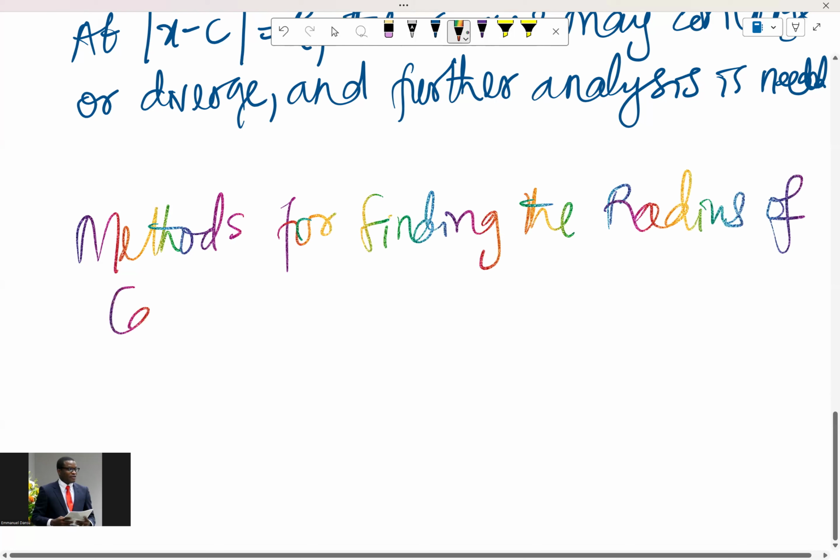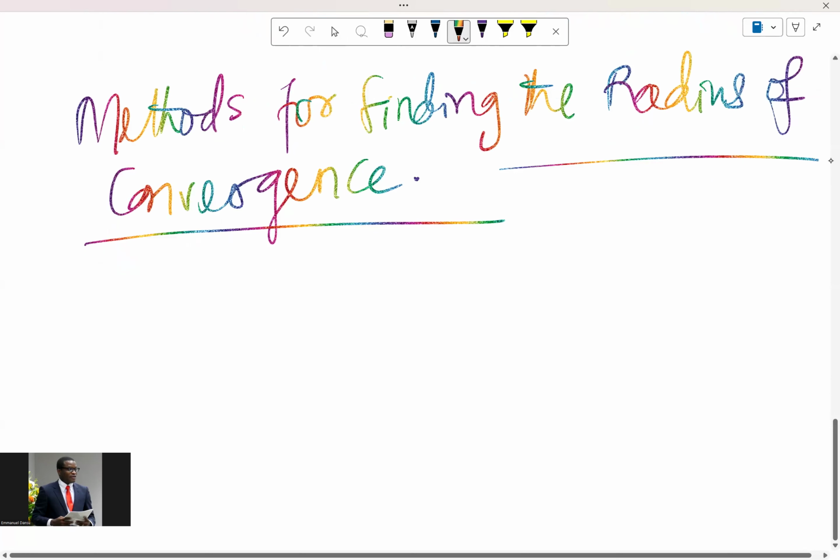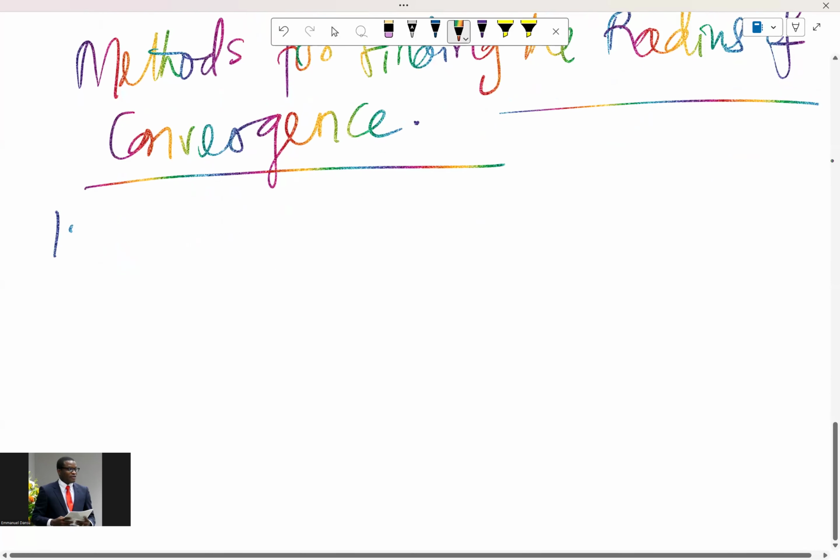Of course, we have the ratio test, like we've seen before.